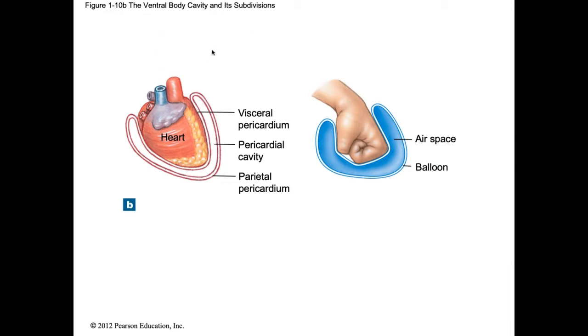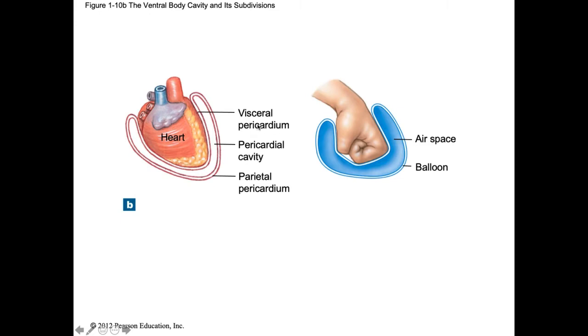Okay, so these terms, visceral and parietal, we're going to use them when we talk about the heart, when we talk about the lungs, and when we talk about the abdominal organs. The only term that we're going to change is when we talk about the lungs, we change pericardium into pleura.